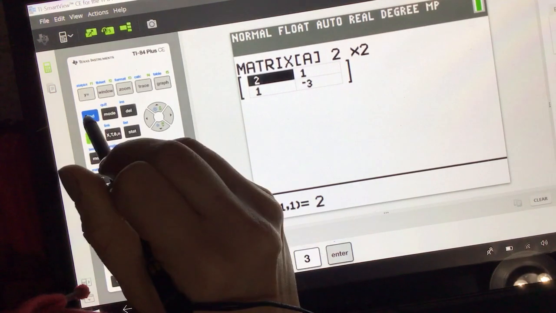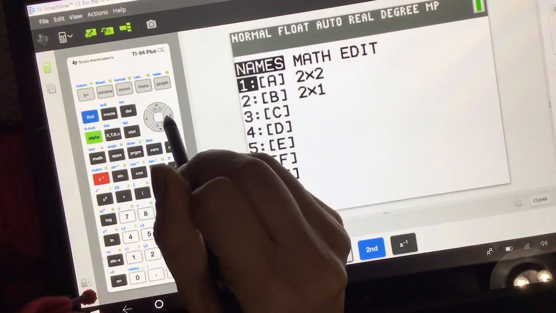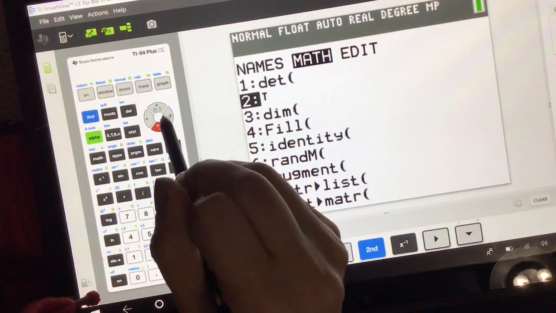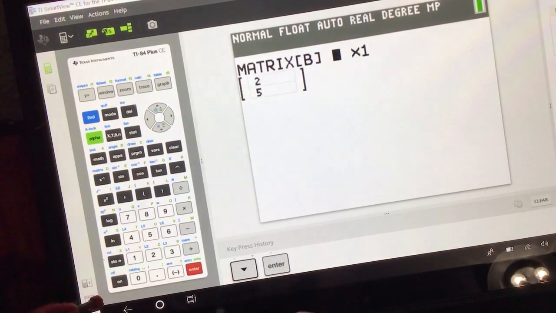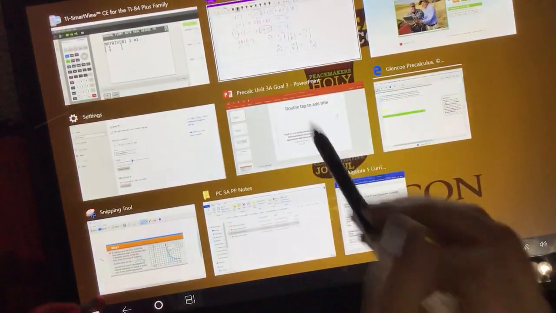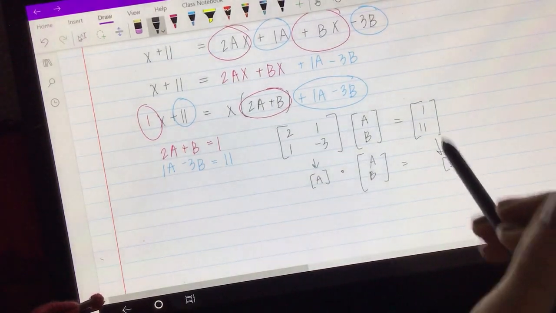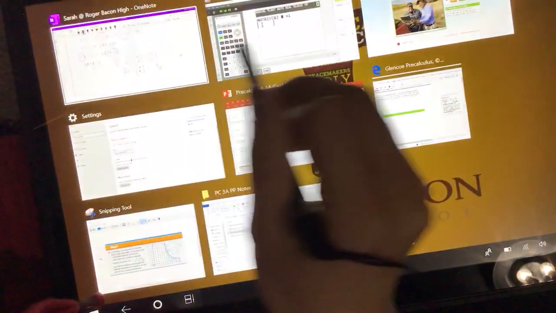Okay. Now we also have to edit matrix B. It's still a 2 by 1. Let me double check my constants here. We have 1 and 11.